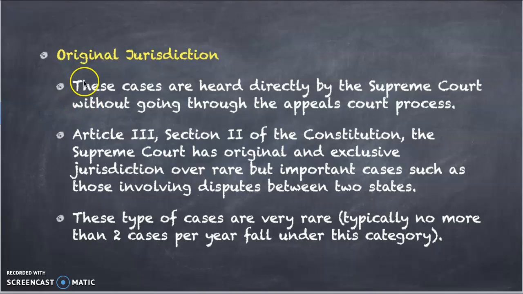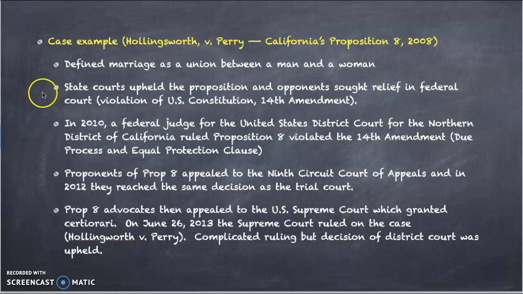So finally, looking at a case example of how a case might reach the Supreme Court, I've just highlighted here briefly the case of Hollingsworth versus Perry, which deals with California's Proposition 8 back in 2008. Proposition 8 was a proposition passed by the California voters that defined marriage as a union between a man and a woman.